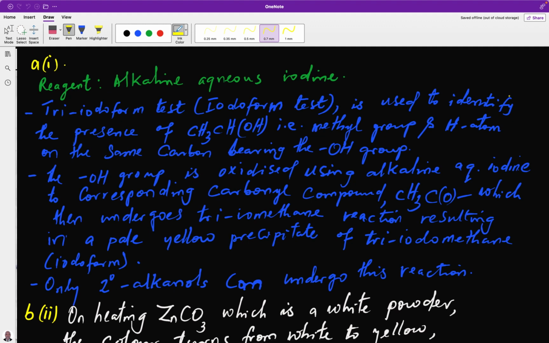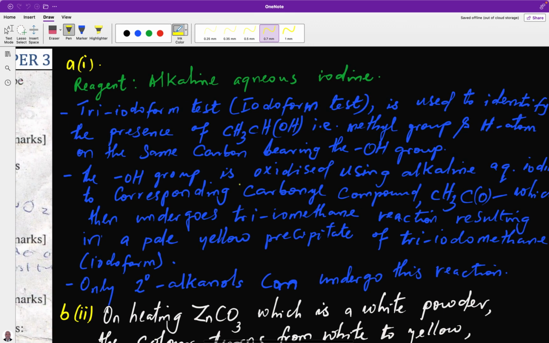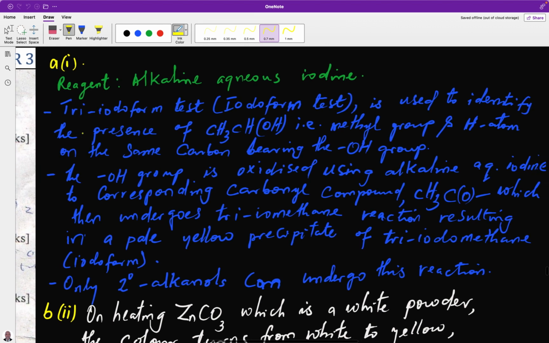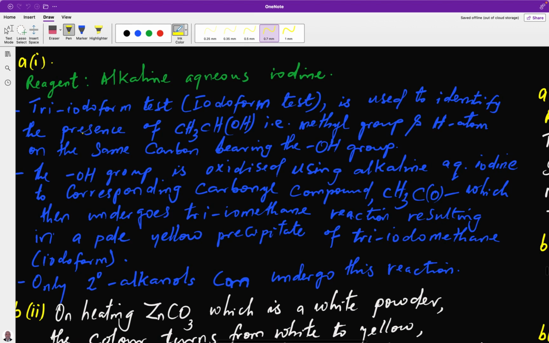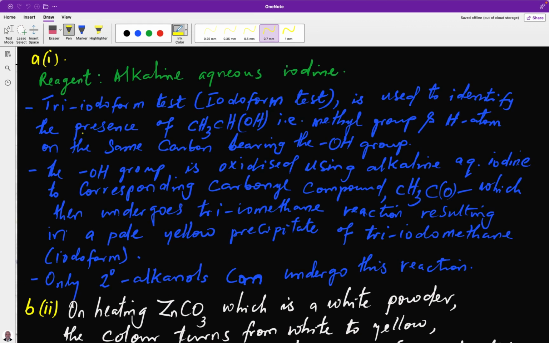Now, this is the reaction. For the purpose of revision, I am giving you this. But in your question, you have been asked to give only the reagent and the necessary conditions. But all the writing I have given here is for the purpose of revision, for subsequent preparation for exams. Now, I said the reagent is alkaline aqueous iodine.